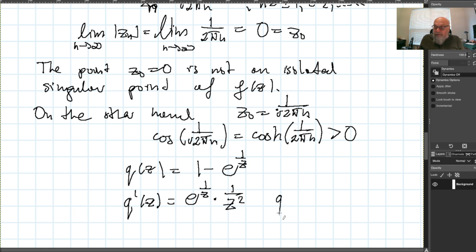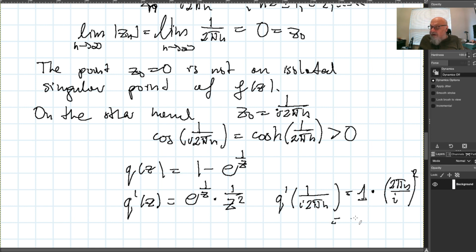If I plug in the values 1 over i 2 pi n, the first value is exactly 1, and the second value is equal to 2 pi n divided by i squared, so I get minus 4 pi squared n squared.